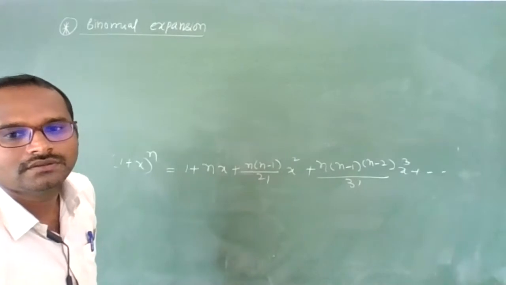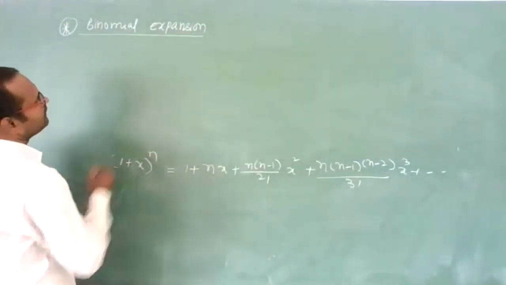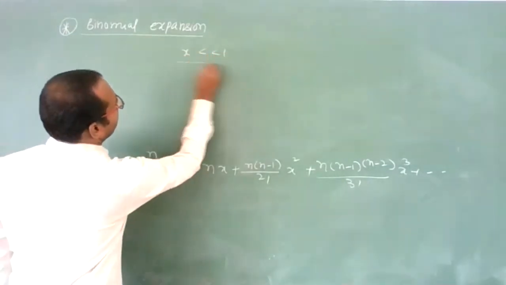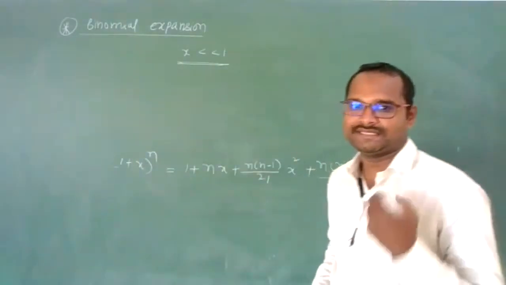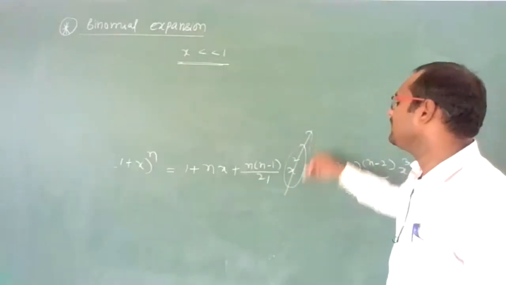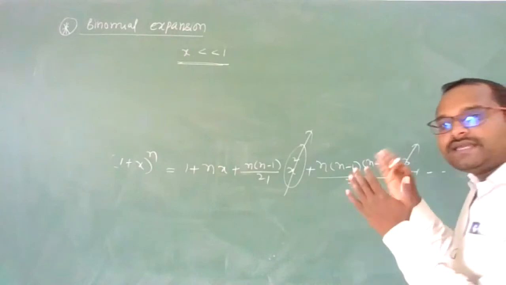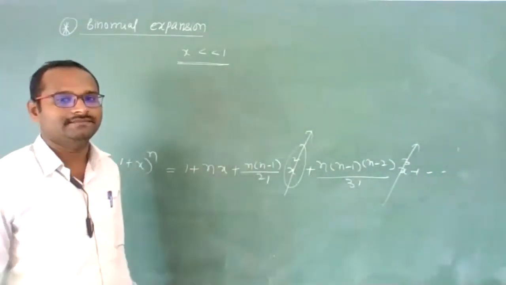Clear? Okay. Now in this one, for example, if x value is very much less than 1, say x value is 0.001, 0.002, then x square value will become still less, and x cube value will become still less. Means higher order values of x square and x cube, we can neglect them.